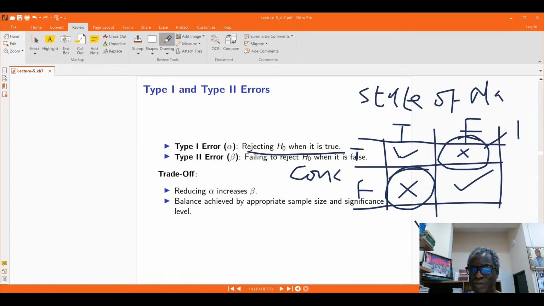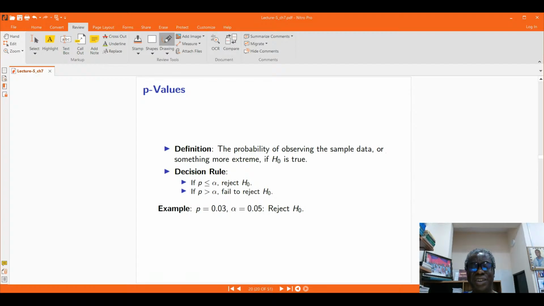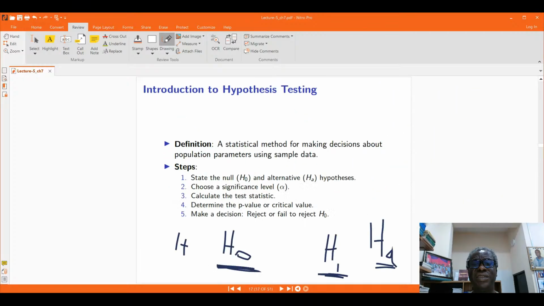Now let's move to another important concept. We have said that we need to formulate hypotheses in steps.